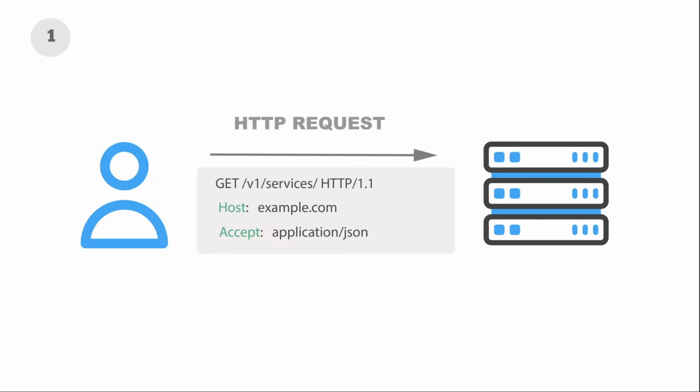So as you know, when the user issues a request to the server, as we can see on the screen, usually it's a request that may have this format where the version is passed on the URL. As you can see in this instance, we have the user issuing a request on the URL /v1/services/.